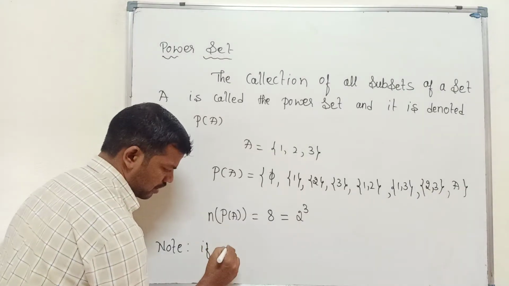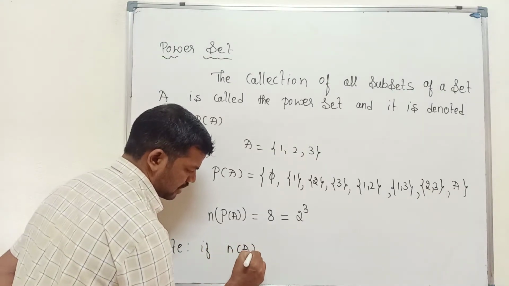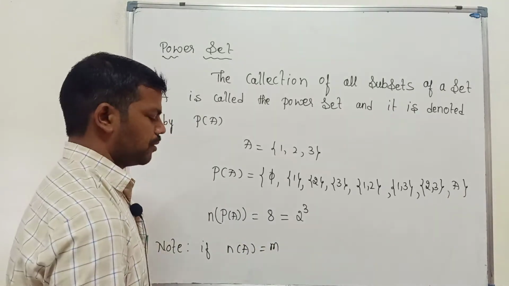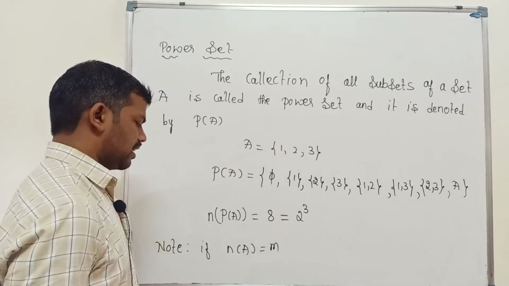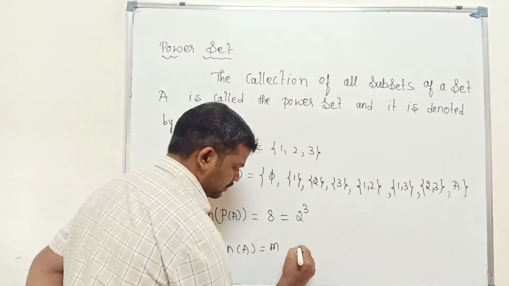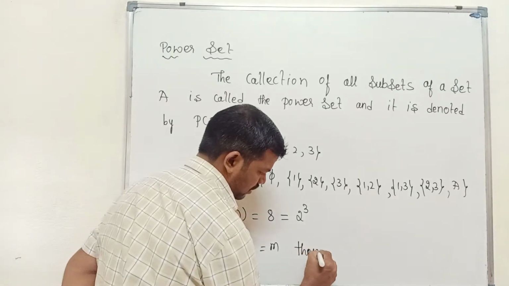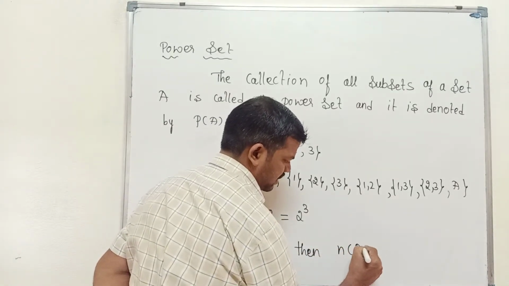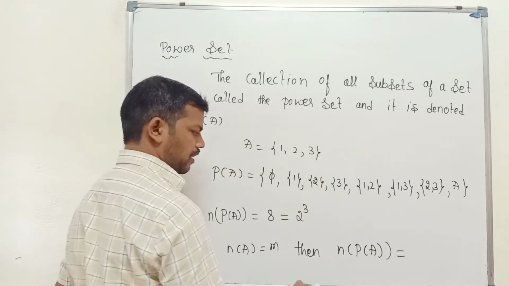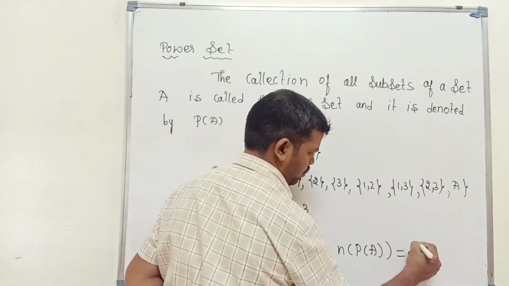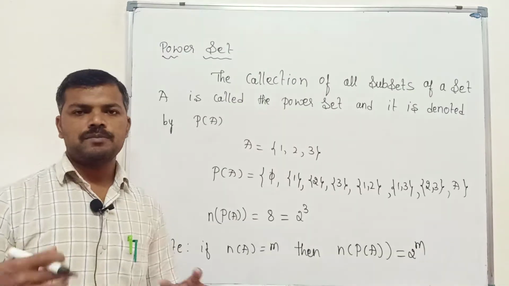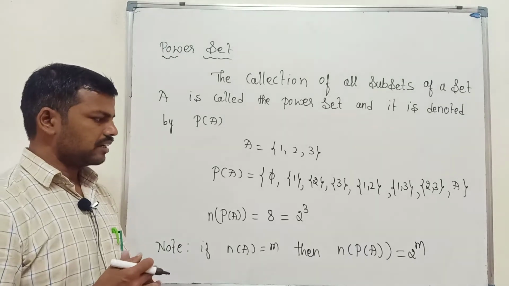If the number of elements in a given set A is m, then the number of elements in the power set of A is 2 raised to m. So this is the formula for finding the number of elements in a power set.